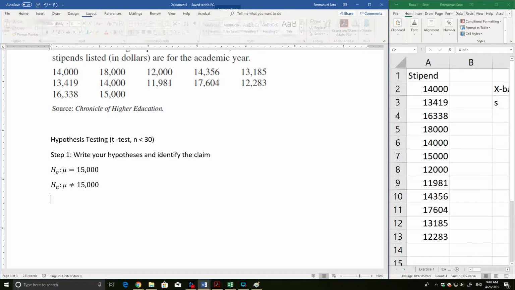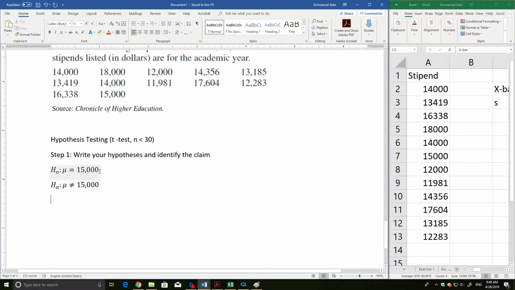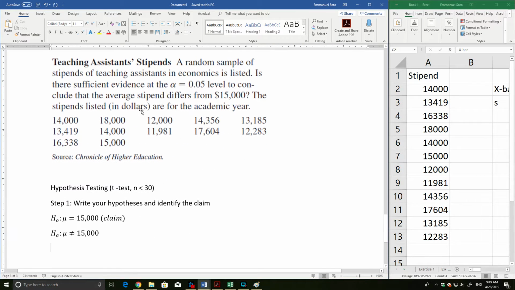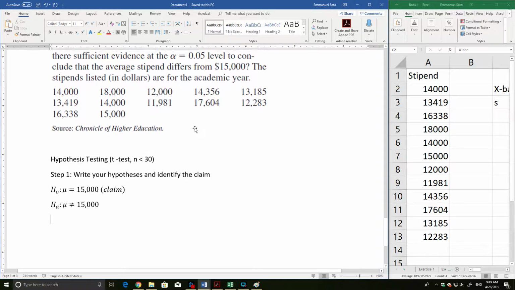So this right here is our claim according to the problem. Step one is done. We identified our claim from the problem and our hypotheses.